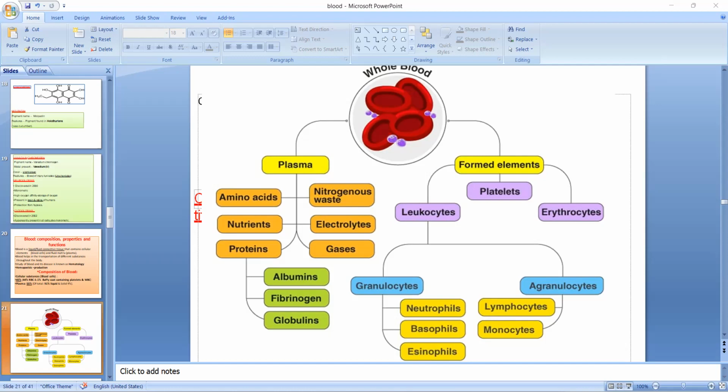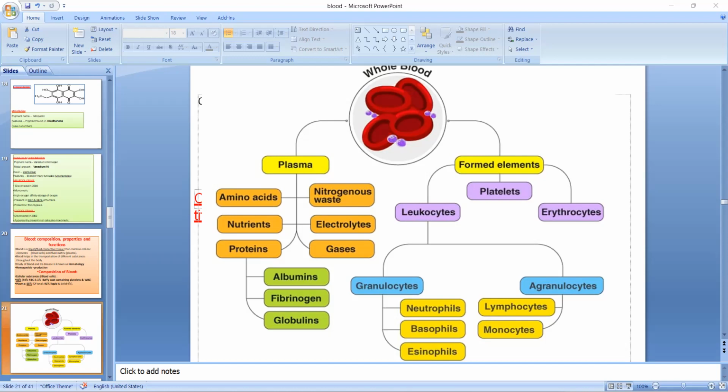Anyway, simply the blood is divided into two parts: plasma and the cellular component, also called formed elements. Formed elements include erythrocytes, leukocytes, and platelets. Plasma includes organic and inorganic substances.